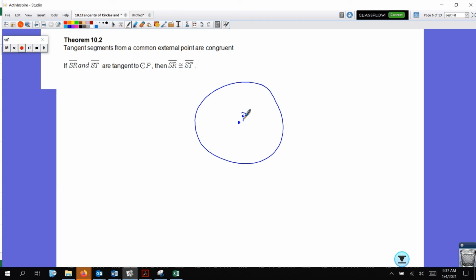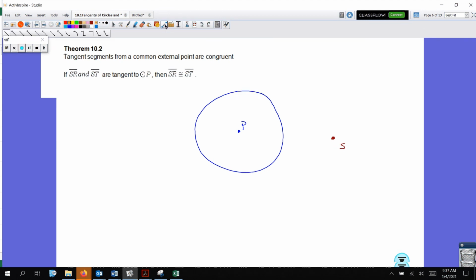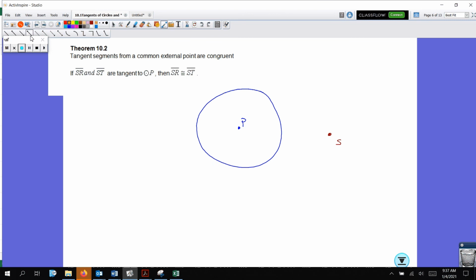So there's going to be some point S out here. I'm going to change the colors a little bit. I'm going to use the cheater line because I'm afraid my lines are just not going so beautifully today. Yeah, well that's not going so beautifully either. Let's try again.